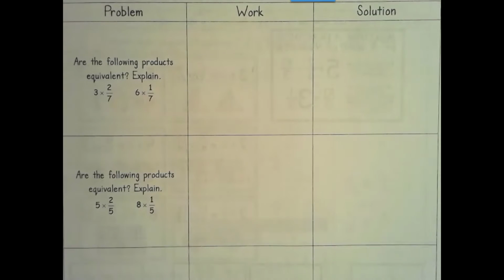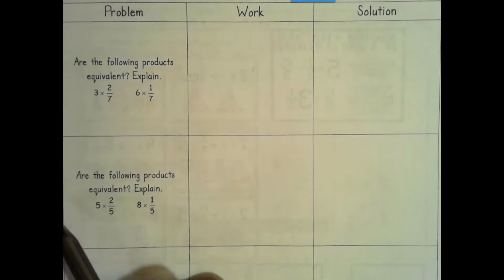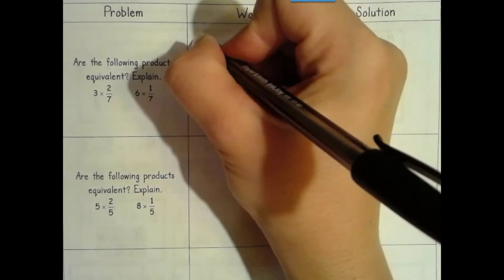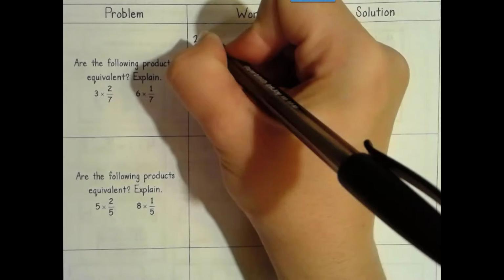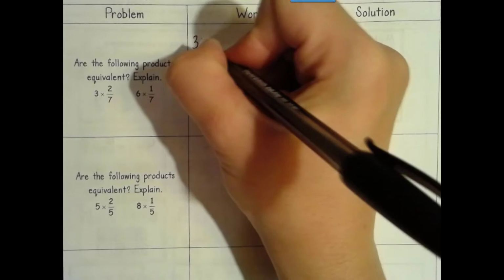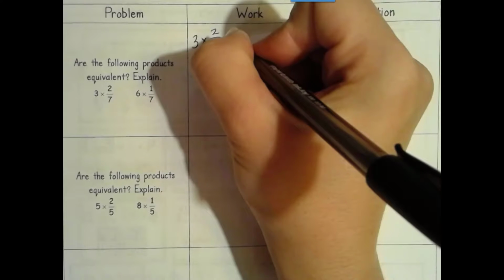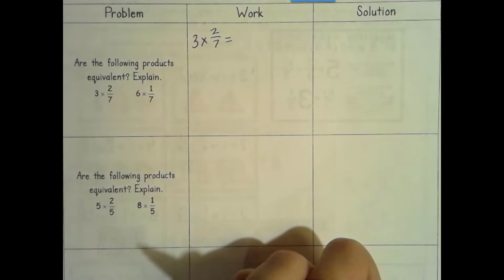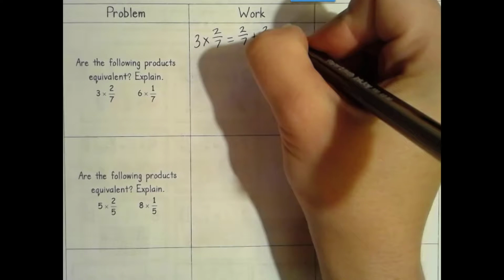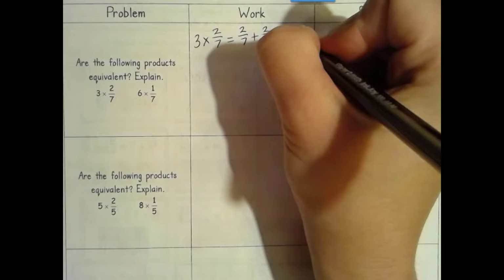So here we're trying to see if the products of these fractions and whole numbers are equivalent. Similar to what we did on the front, but without a model. So 3 times 2/7 is saying in repeated addition that we're adding 2/7 plus 2/7 plus 2/7.